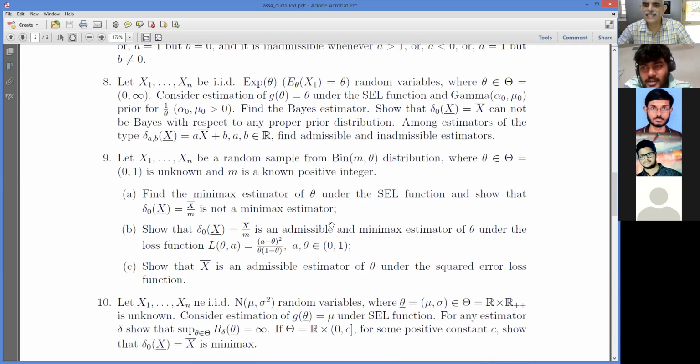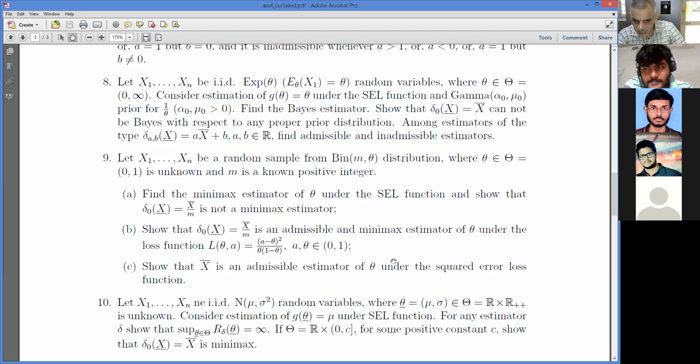What I'm saying is, actually, I can prove a much more general result. It doesn't have to do with binomial. Let us say your loss function is L(theta, a). If delta naught is admissible under loss function L(theta, a), I consider another loss function L star(theta, a), which is W(theta) times L(theta, a), where W(theta) is a positive function.